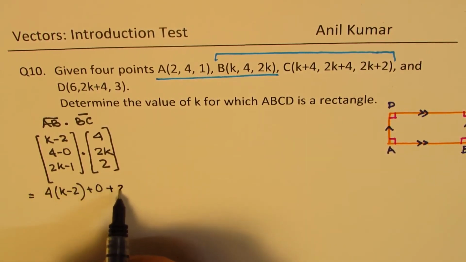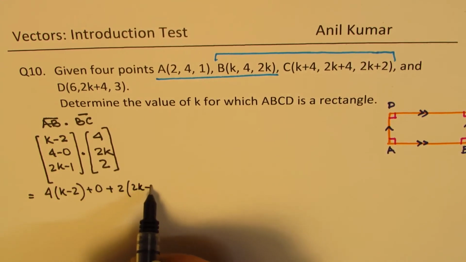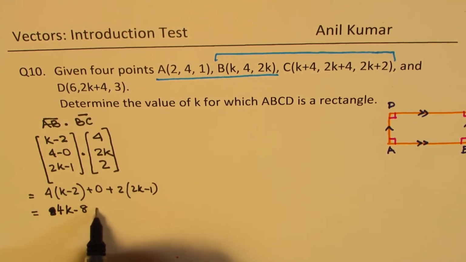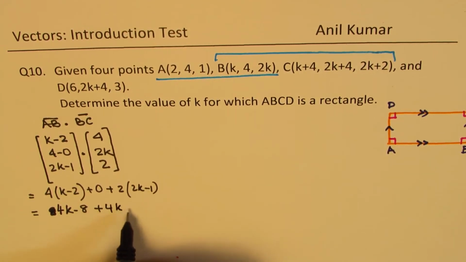And this is 2 times 2K minus 1. So that is 4K minus 8, and that is plus 4K minus 2.